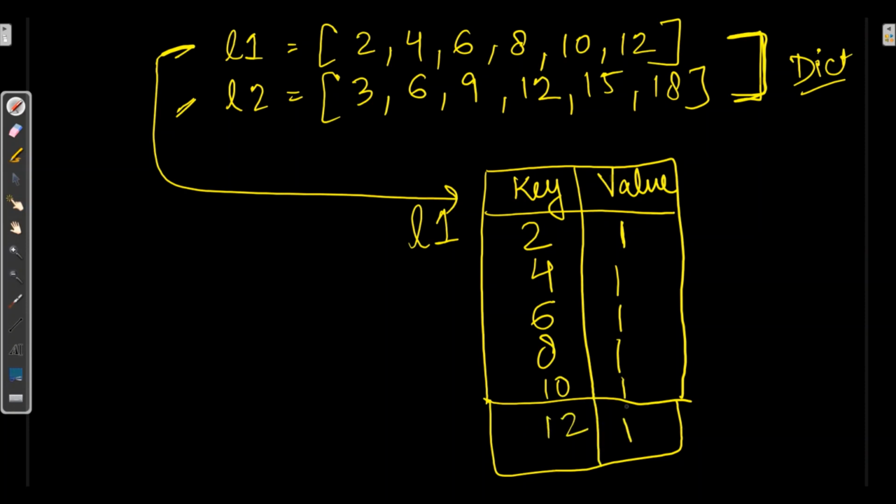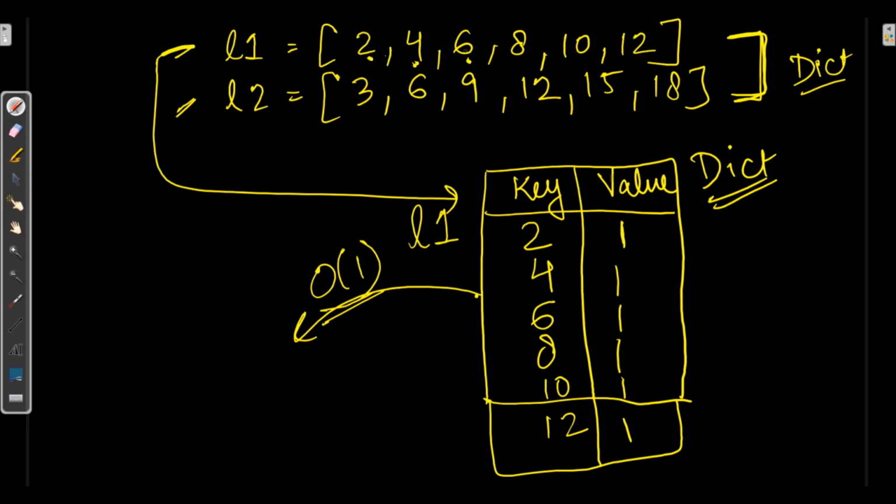Now I'll tell you the beautiful quality of a dictionary. Here you can get a value in order of 1 time. But with other data types, you need to iterate one by one to get an element. Here I need to search for the elements of L2 in L1, which is in the dictionary.